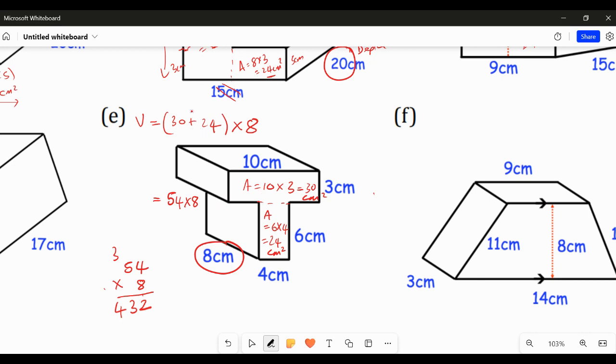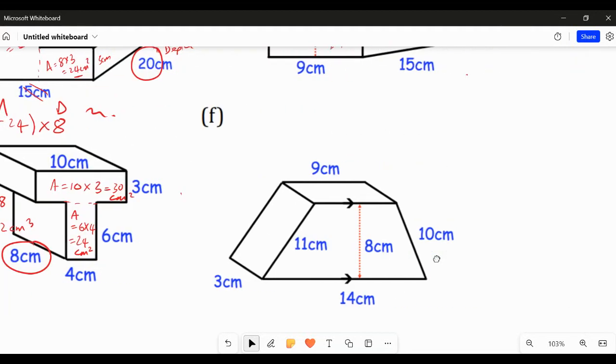I'm taking my total area and multiplying it by my depth. That comes to 432. So the final answer is 432 centimeters cubed.